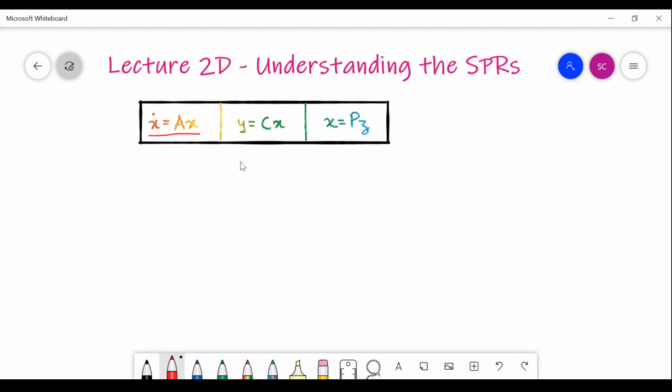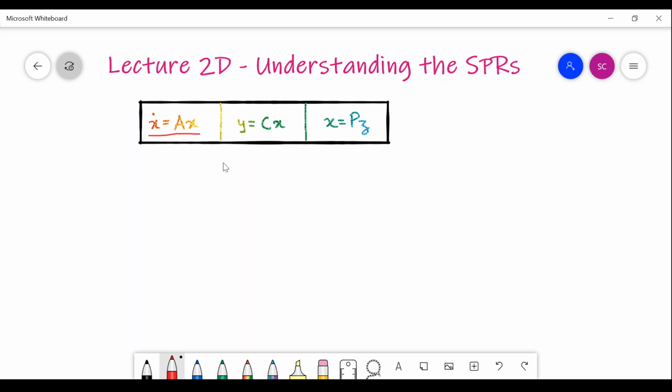Now we have a fundamental understanding of vector spaces and matrices, and of what a matrix does when it operates on a vector space. We have an understanding of the rank of a matrix, the range space of a matrix, and the null space of the matrix.